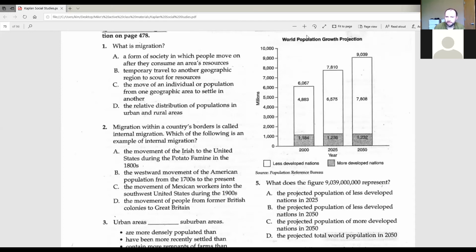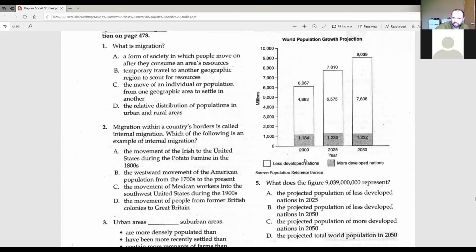Okay, so we see numbers here, right? But also notice down here in the key, these bars are broken up into white and shaded, right? The white bars represent less developed nations. Gray bars represent more developed nations.